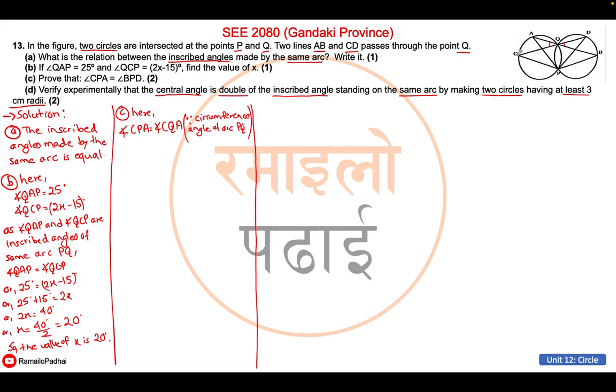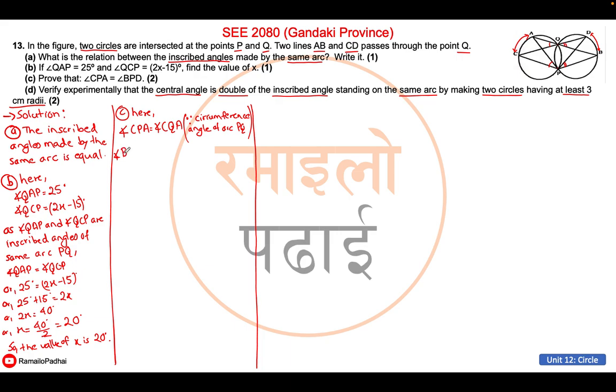So this CPA is equal to CQA because they are based on the same arc AC. Now again, these two angles BQD and BPD are equal. Why? Because they are based on the same arc BD.